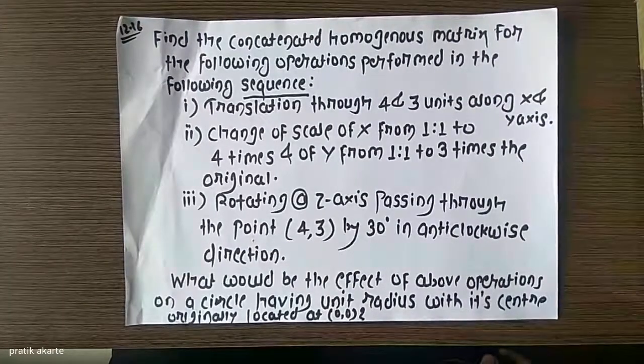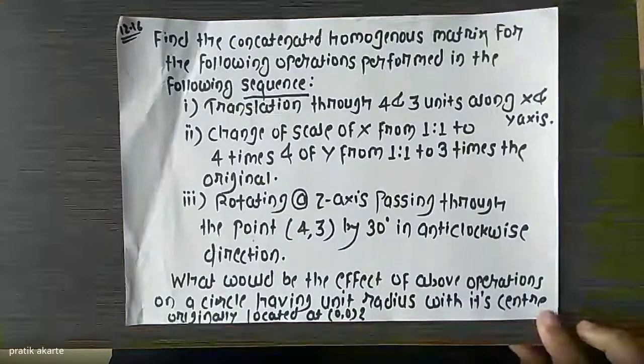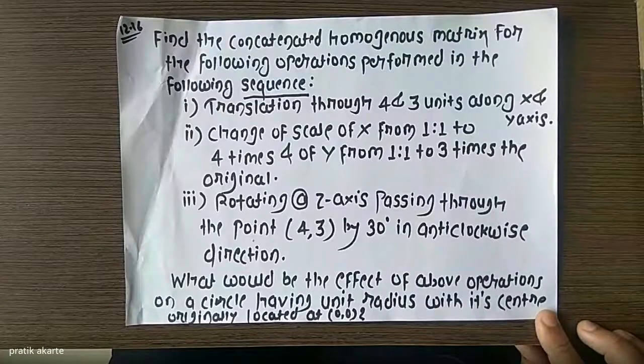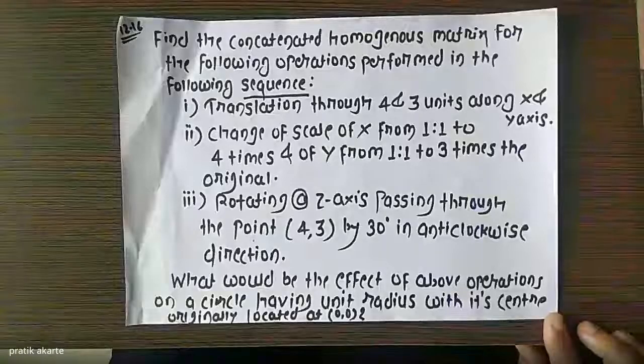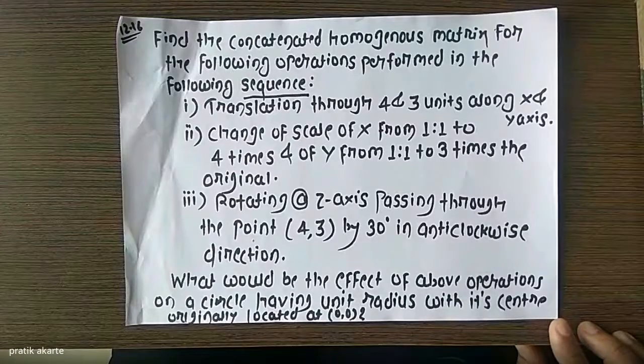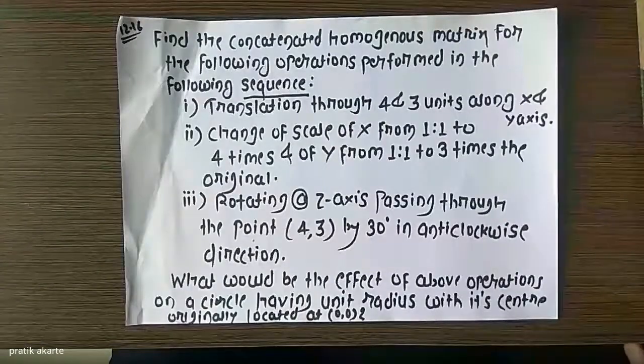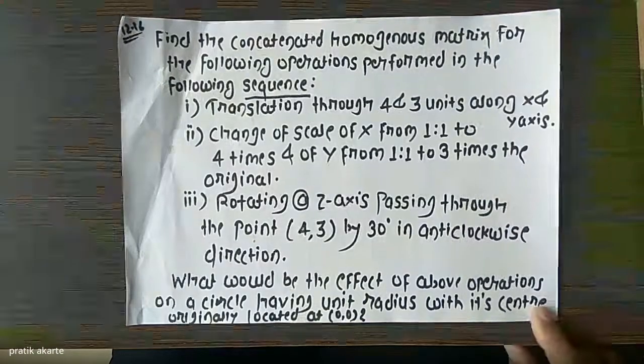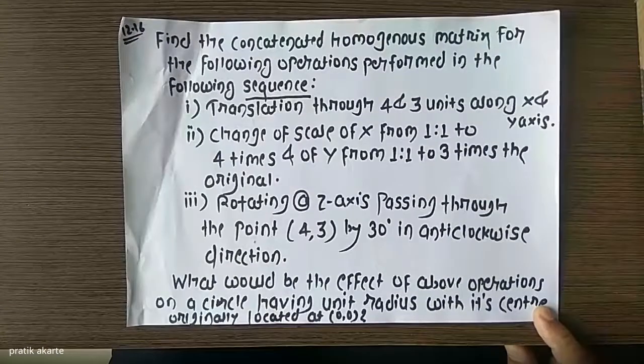Next, the third transformation is rotating about z-axis, passing through the point 4, 3, by 30 degrees in anti-clockwise direction. This is a typical case that we have discussed in the last session. Rotating about z-axis means rotating about origin, and passing through point 4, 3, so it is an arbitrary point which is not at origin.